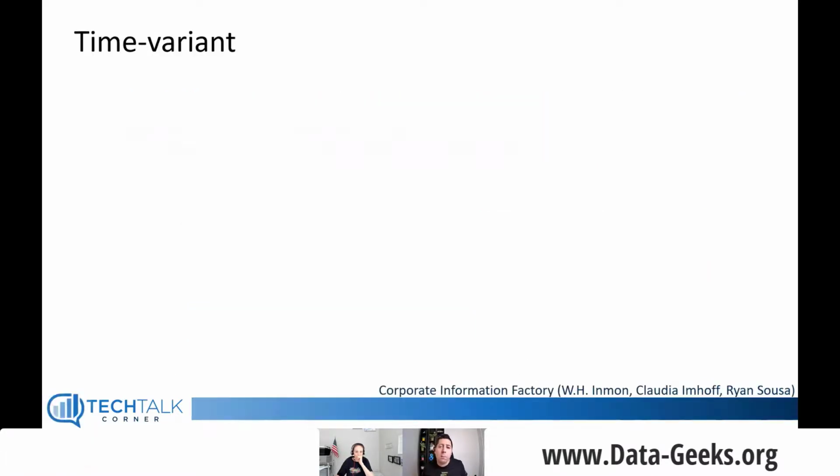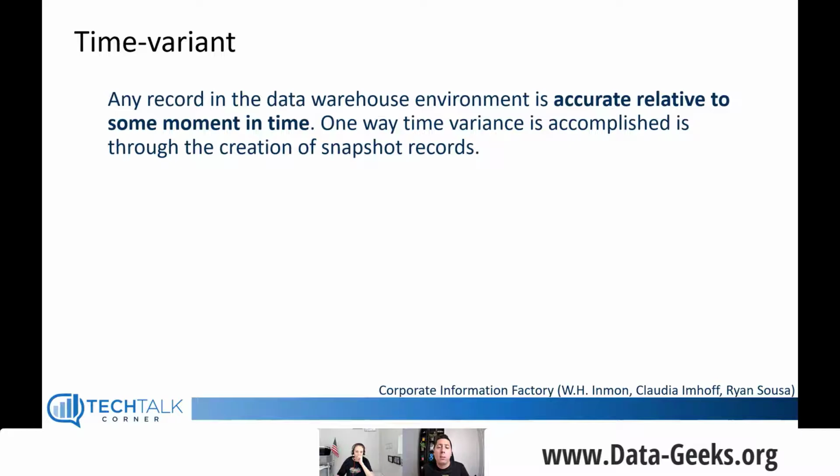Next is time variant. At any point of time, the information needs to be accurate in the data warehouse, right? So if you are looking at information from 20 years ago, the information that you get out from your data warehouse needs to be a snapshot of the state of that information 20 years ago.